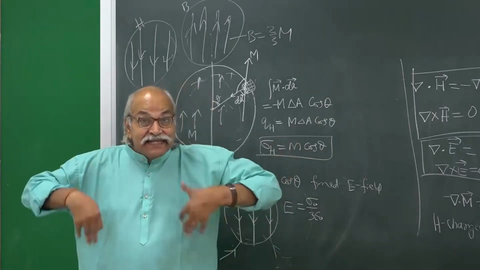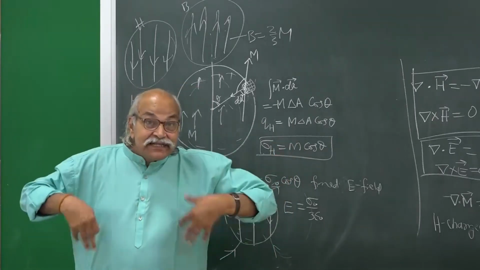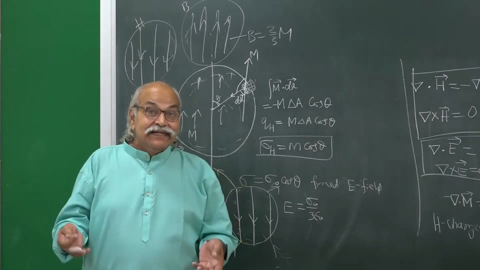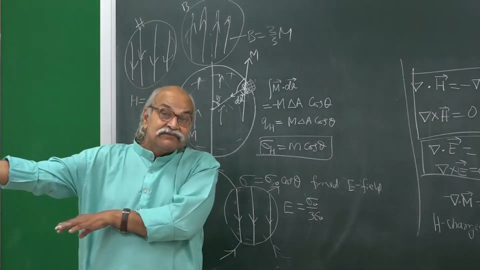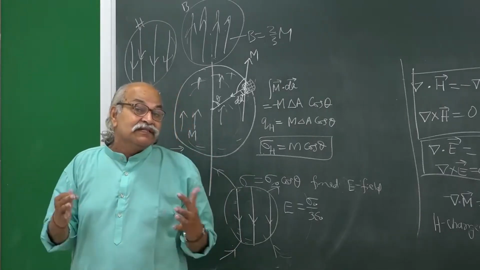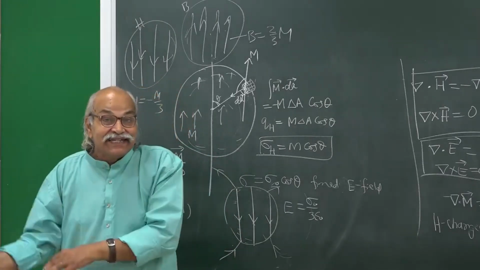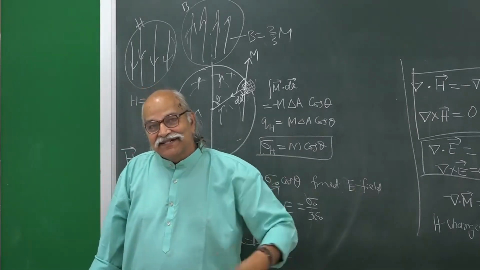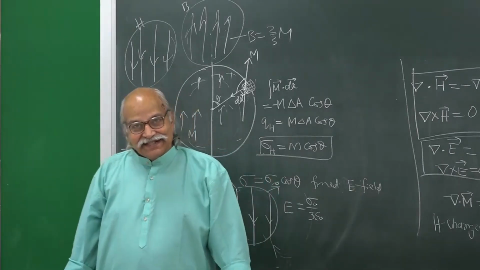If we replace the magnet by these positive and negative H charge densities, it will give me the H vector and B vector in some cases much more quickly than going through the equivalent current and other things.